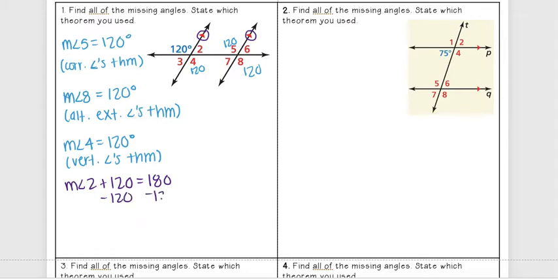So if I subtract 120 from both sides, I get that measure of angle 2 is equal to 60 degrees. And so that was by the consecutive interior angles theorem.